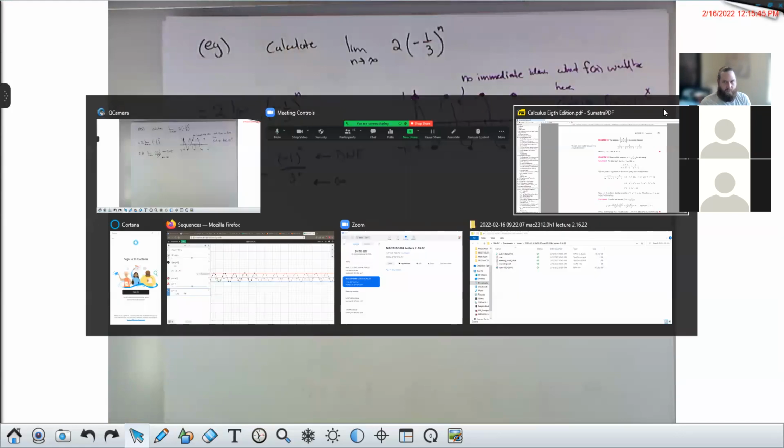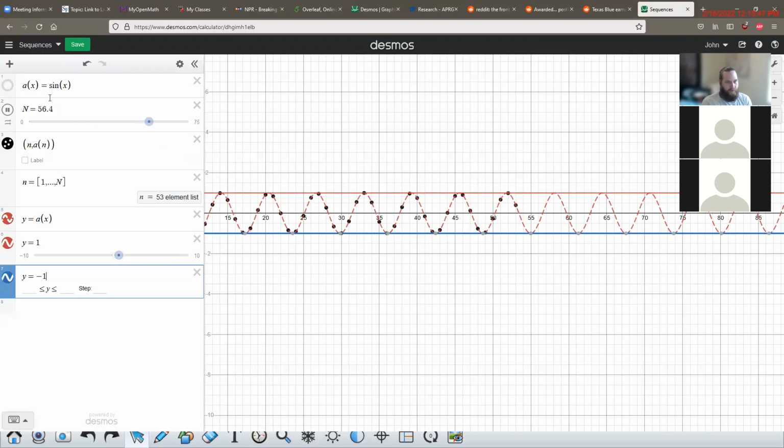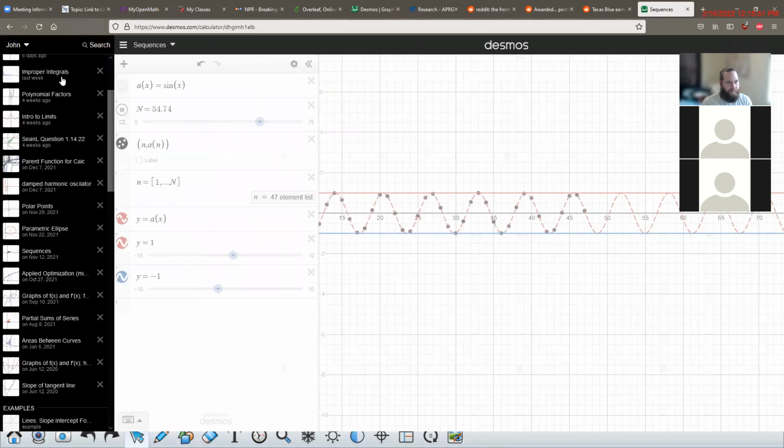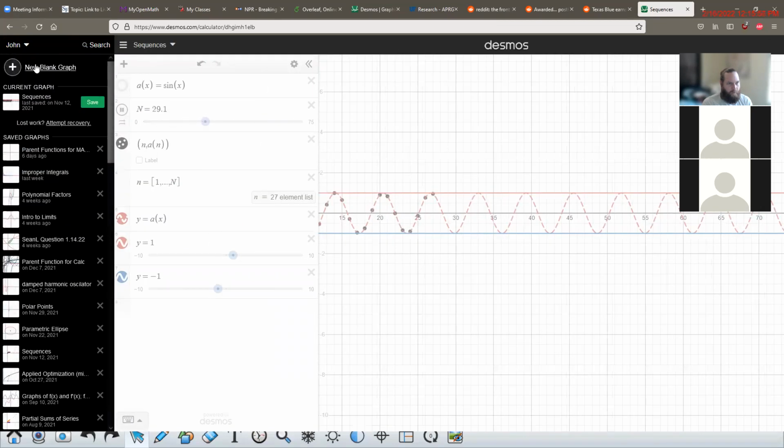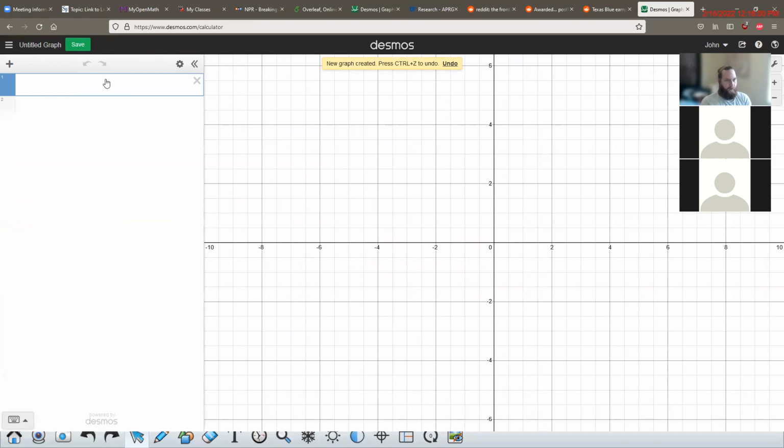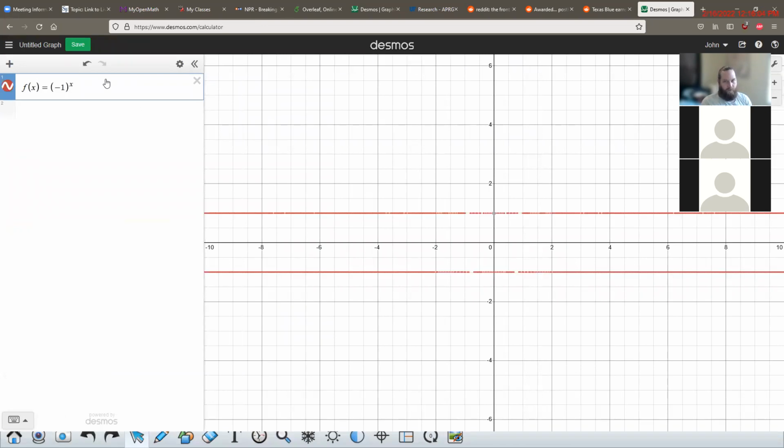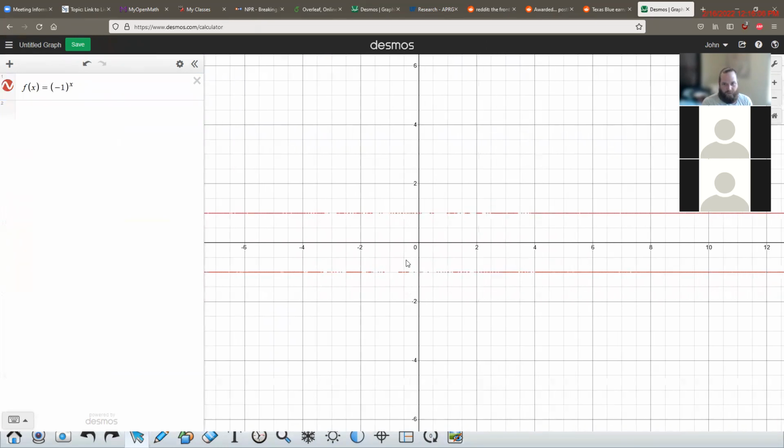But just see what Desmos says. Where do I? Oh, it's over here. Oh, yeah. So if you try to graph f of x equals (-1)^x, I don't even know if it's going to try it. Yeah, look at this.